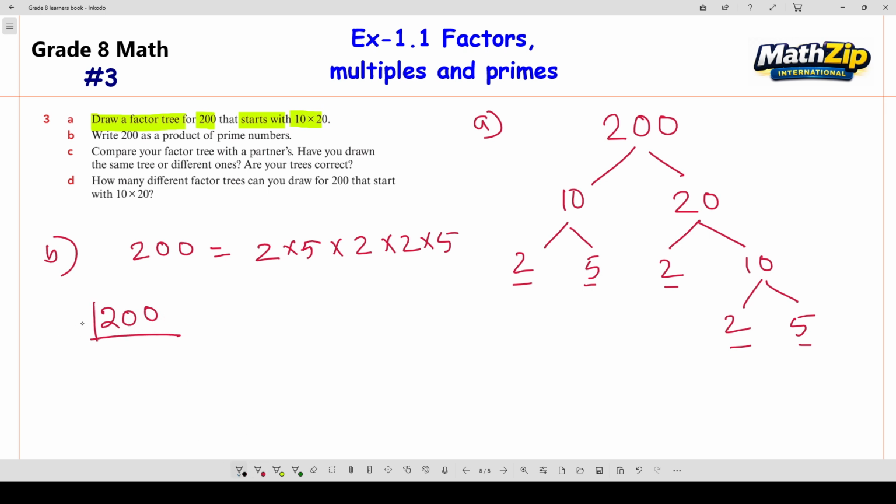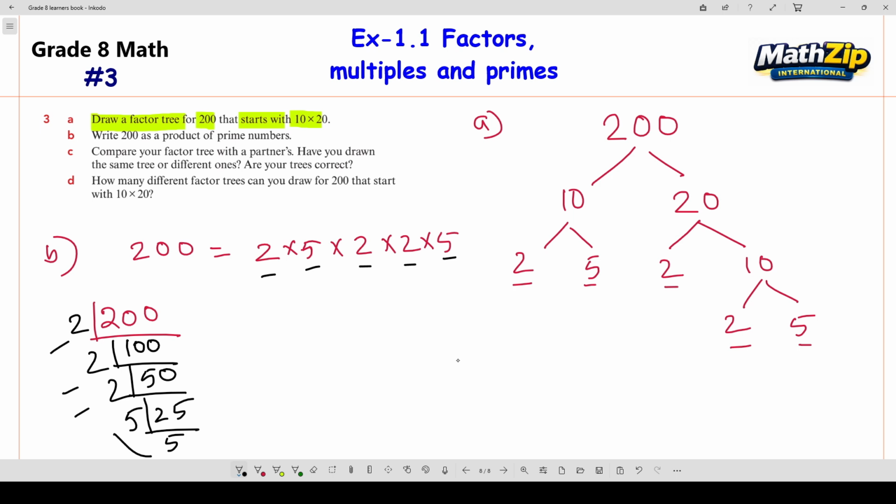Suppose 200 we can divide by the lowest prime factor, which is 2, so it will be 100, then 2, it will be 50, 2, 25 and 5 and 5. Look, here is a 2, 5, 1 and 2, and three twos, 1, 2, 3, 1, 2, 3. So it becomes similar.